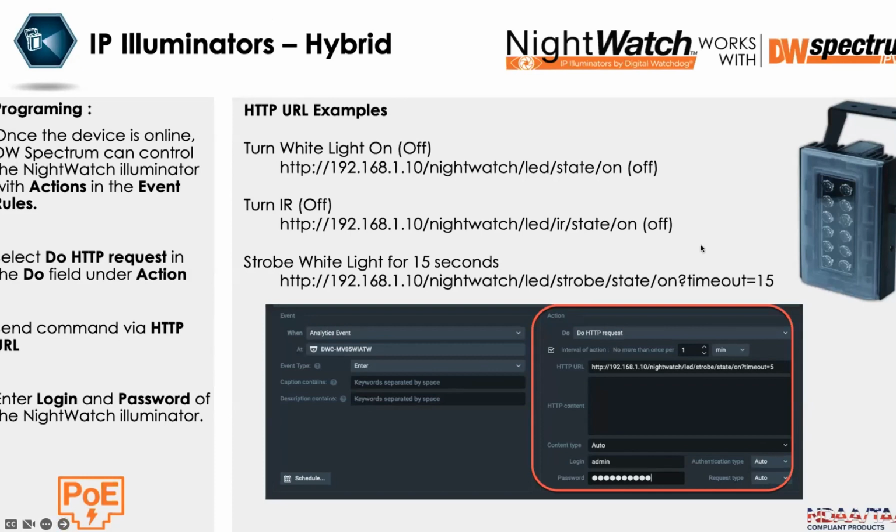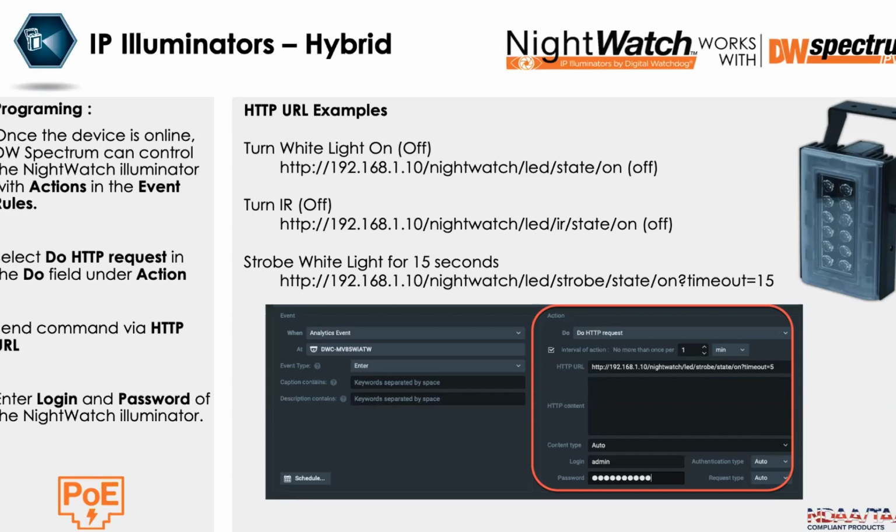And to turn it off, you would put state / off. The second image there is actually incorrect because it needs to show off. And then the strobe, you're going to tell it strobe in the state, and then you're going to need to tell how long you want the strobe for. So if you want to strobe for 15 seconds, like in the example here, the timeout equals 15. That tells it how long it's going to strobe.